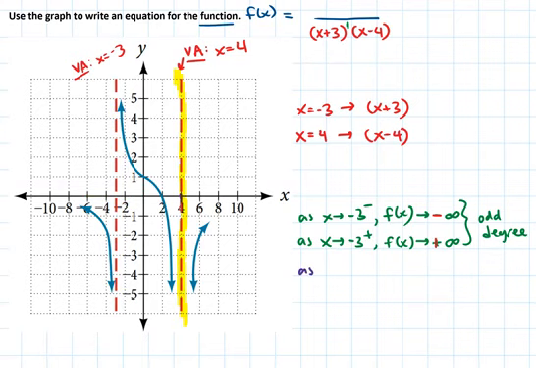As x approaches 4 from the negative side, look at what our function's doing. It's shooting down very, very fast to negative infinity. And as x approaches 4 from the positive side, our function itself looks like it's shooting down to negative infinity as well.